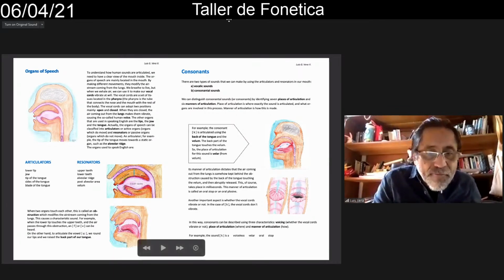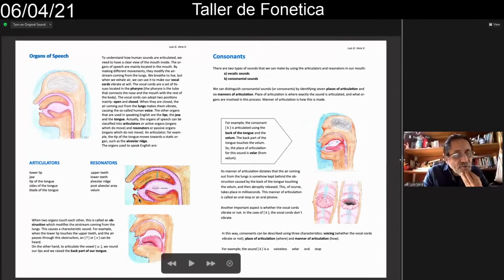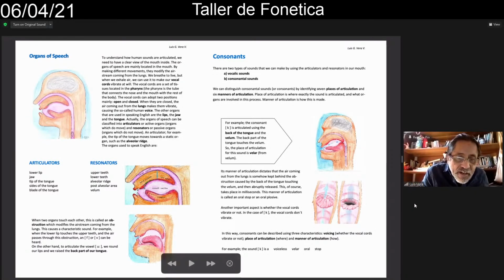The upper teeth, yeah, here, upper teeth, and of course the lower teeth, because they depend on the jaw. You don't move your teeth. Alveolar ridge, this part, the part in red here. Post-alveolar area, the part in green here, and the velum. Did you understand?